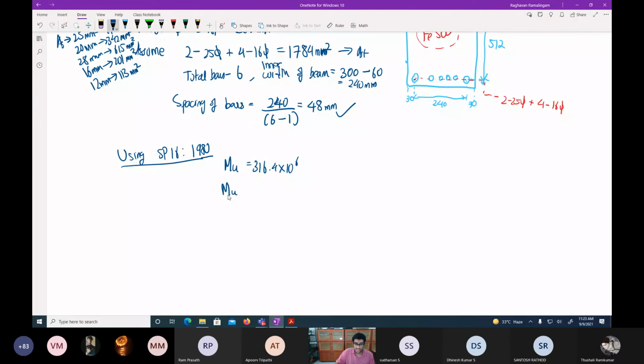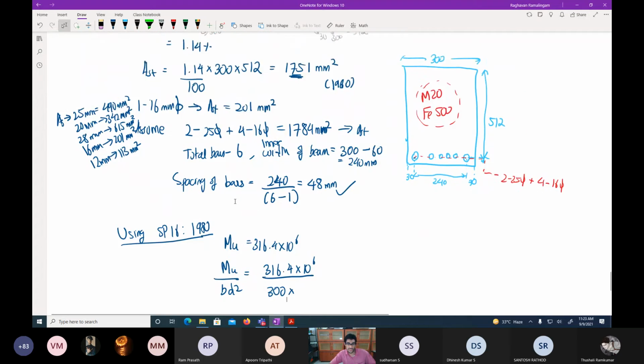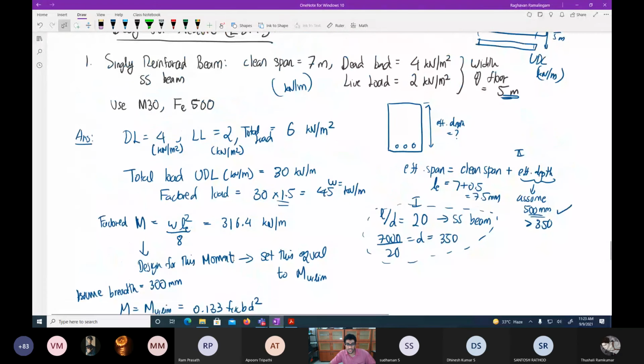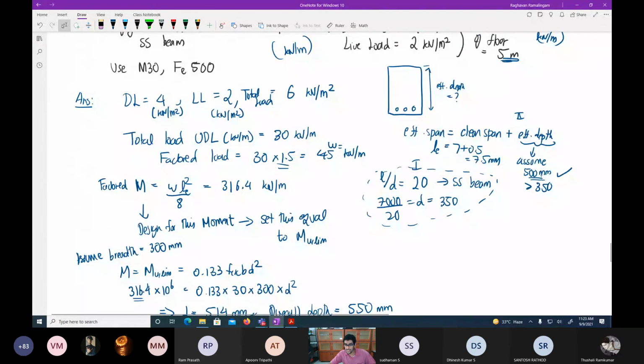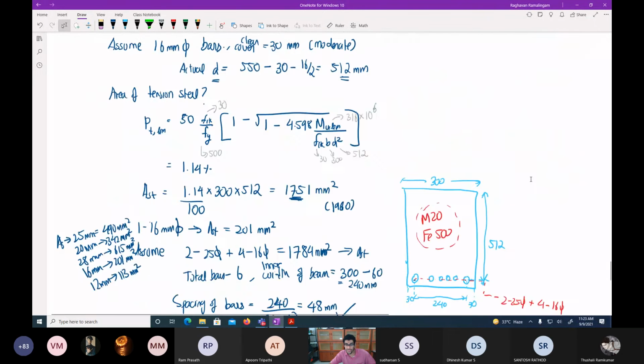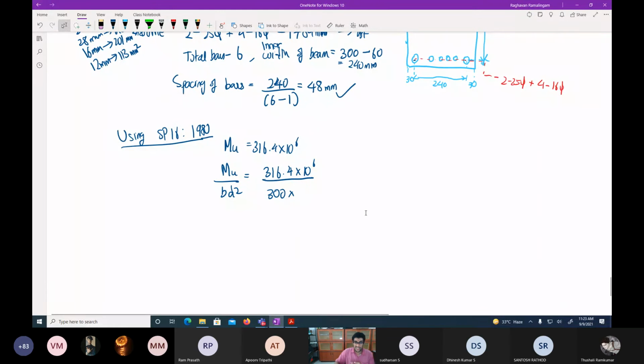For this, using this table, we need Mu by bd square, which is nothing but 316.4 into 10 power 6 divided by 300 into d squared. What was the original effective depth that we assumed? Originally, we assumed effective depth is 500 mm. So let us just use that.